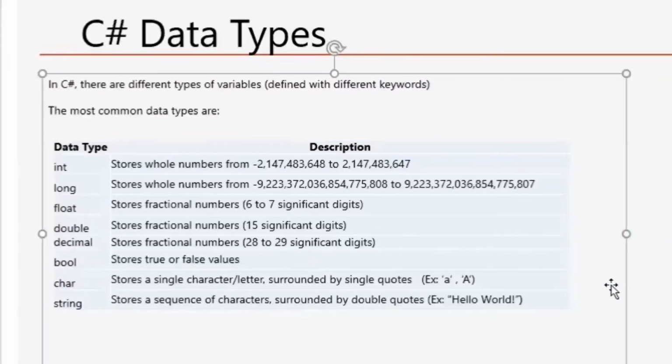Similarly, another data type is bool, B-O-O-L. It indicates a Boolean value, where the only possibilities are either true or false. The bool data type can store only two values, true or false.